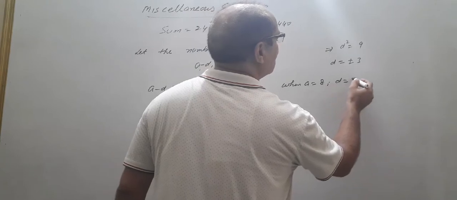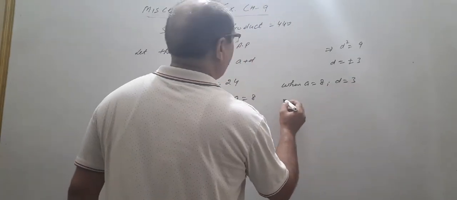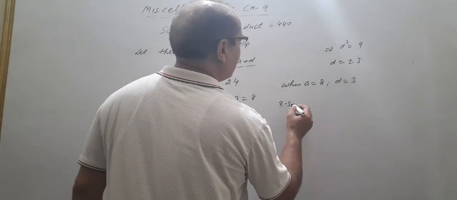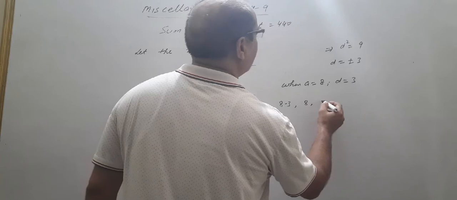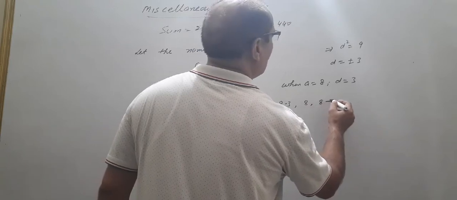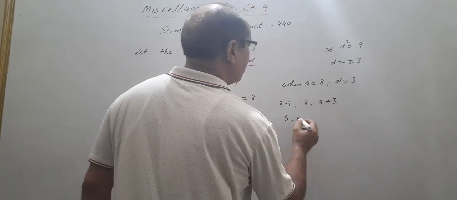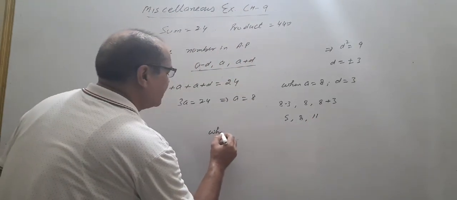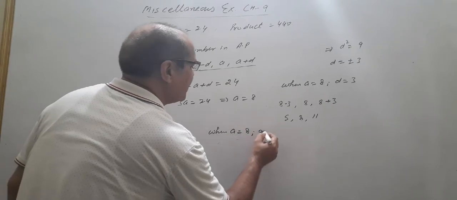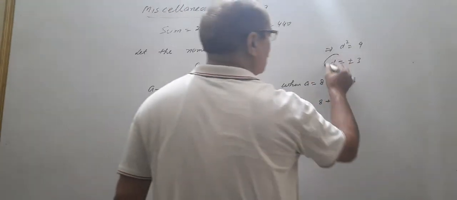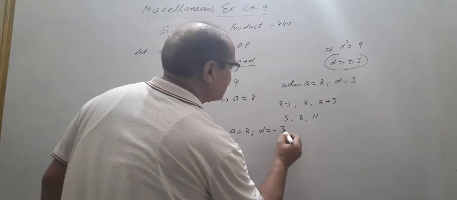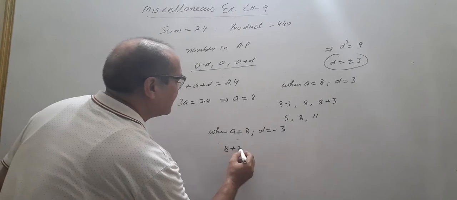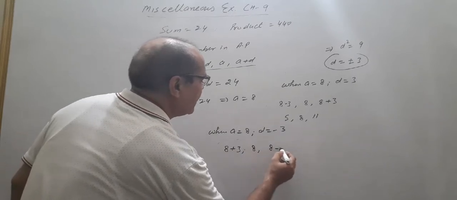Therefore, when a is 8 and d is equal to 3, the numbers are a minus d, that is 8 minus 3, 8, and 8 plus 3. So the numbers will be 5, 8 and 11. Second, a is the same, and when d is equal to minus 3, because we have two values of d, one is plus 3 and another is minus 3, substituting this we get 8 plus 3 and 8 minus 3.